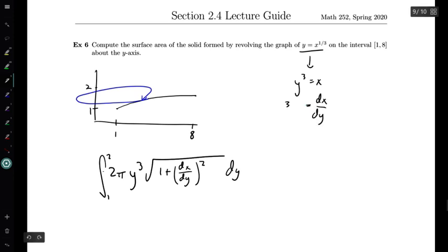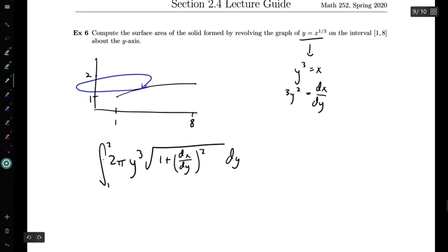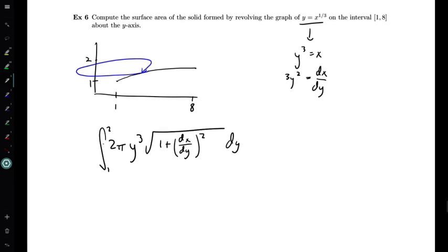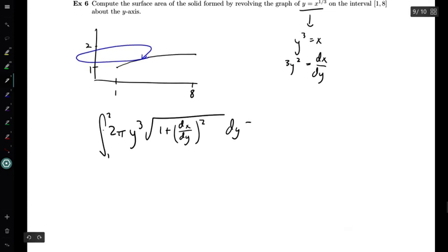Dx dy is going to be 3y squared. And so moving on, we can integrate from 1 to 2 here. We have 2 pi, we have y cubed, square root of 1 plus, let's see, we have 3y squared squared, which is 9y to the 4th, dy.